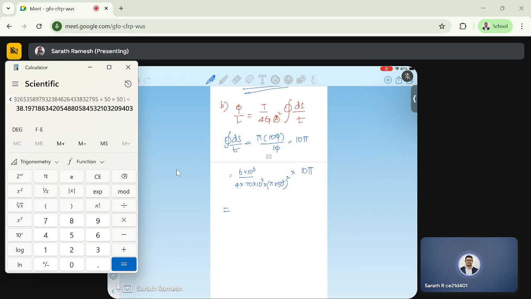So this will give us 6 into 10 to the power 6 into 10 into pi divided by 280 into 1000 into pi into 50 power 4.